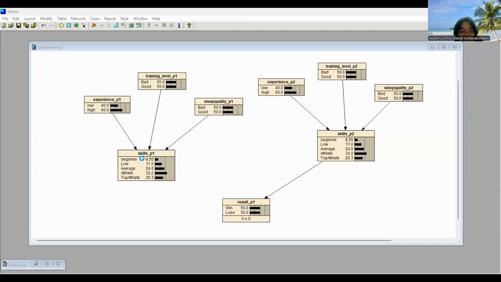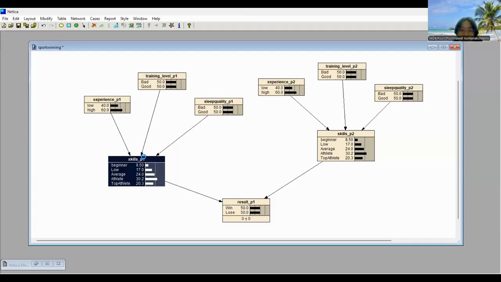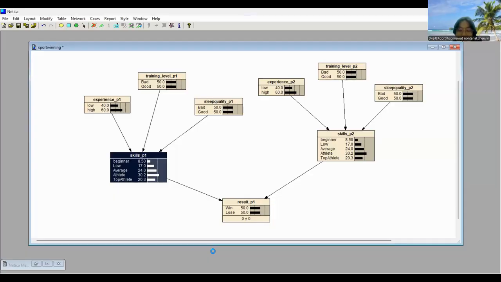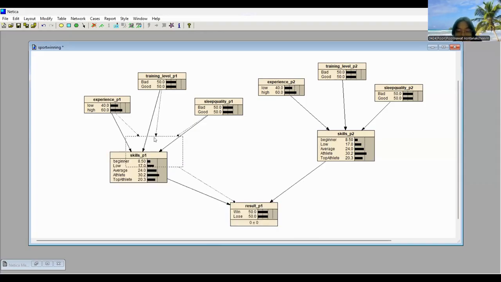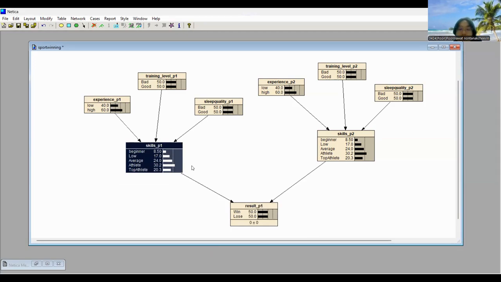For our implementation, we use Netica software to do this project. You will see that for the result to know who will win or lose, the main factor is the skill of each player. There are 5 levels of skill that we created: first is beginner, second is low, then average, athlete, and top athlete.